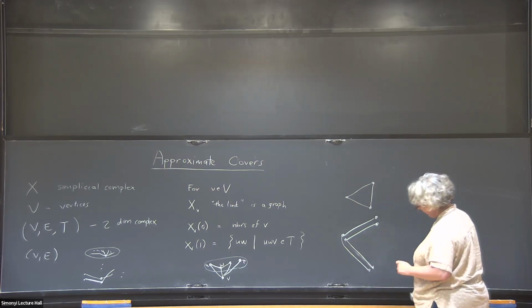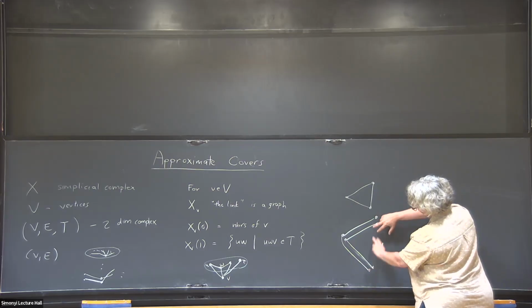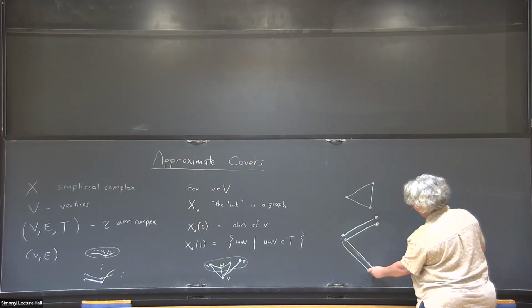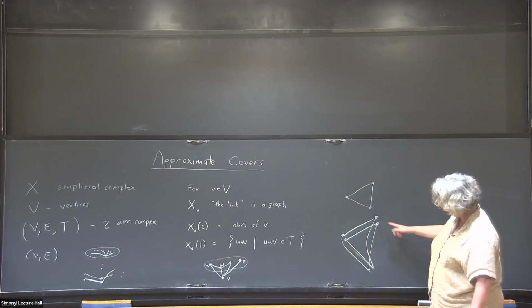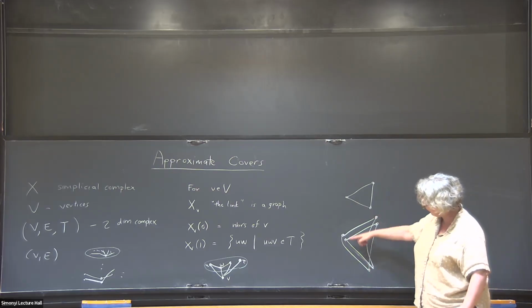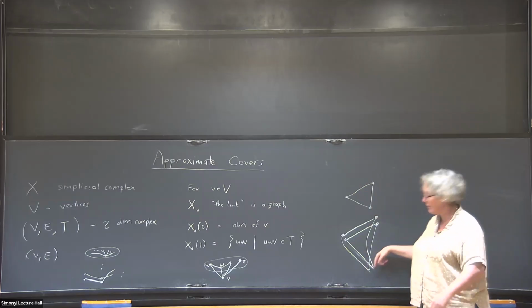But then the third matching, there's one way that I will do it so that I get two different triangles, but then there's the other way that I can do it. And what I'm going to get is a 6 cycle. So this loop of length 3 opened up into a loop of length 6.